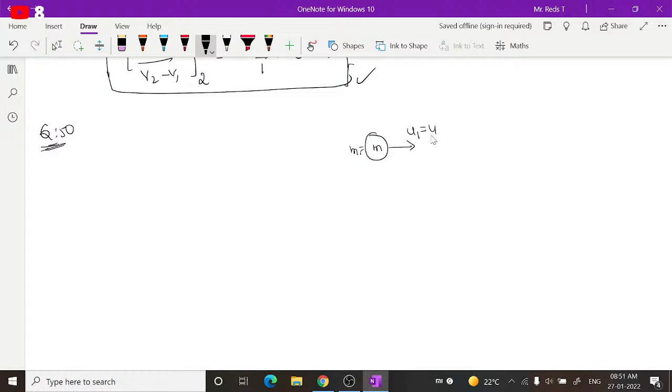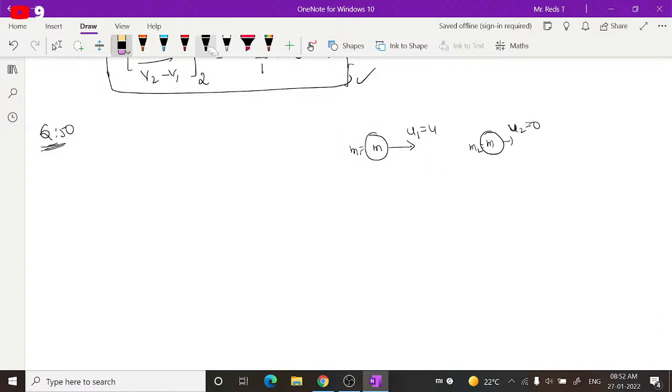And it collides with another stationary sphere of the same mass, let us say m2, which is equal to m. Better to draw for understanding purpose only. This m2 is also equal to m, and its initial velocity u2 is 0. It is mentioned that it is initially at rest.